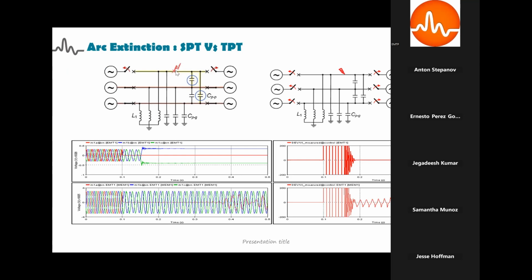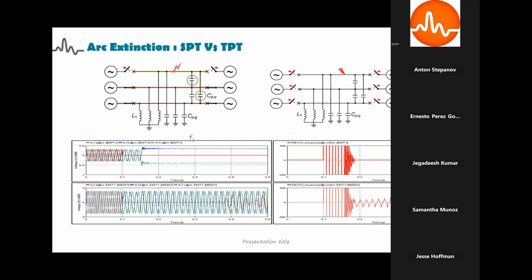In single pole tripping, when there is a fault in the top phase, only that particular phase is isolated, whereas in the figure to the right, all three phases are isolated. When you isolate only the faulty phase, we can see that the faulty phase is coupled to the healthy phases through these two capacitances. These two interphase capacitances continue to feed the fault, which inhibits extinction of the arc.